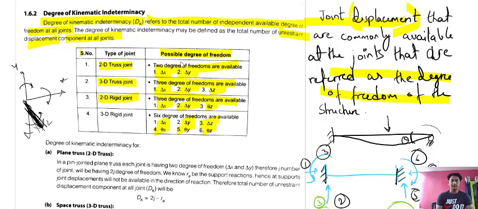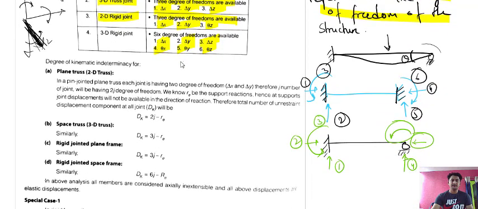Okay. Now the degree of kinematic indeterminacy of a plane truss. Now we are talking about a 2D truss. In a pin jointed plane truss, each joint has 2 degrees of freedom, that is delta x and delta y.